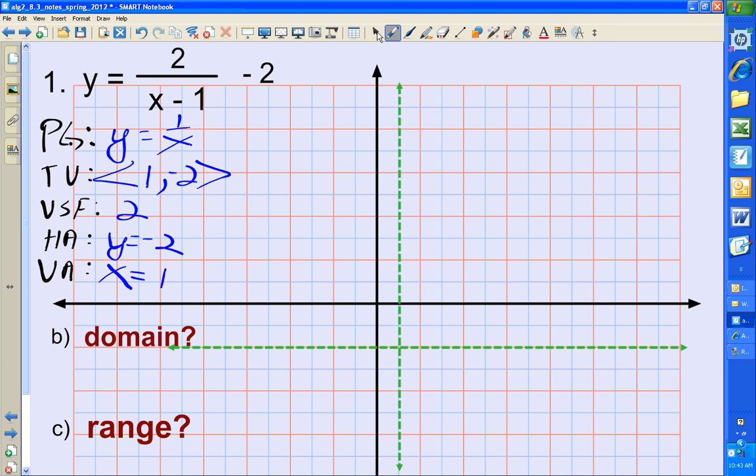So for the domain is x. Shun the 1. Reject the 1. Or, if you want, you can just say all values of x such that x does not equal 1.